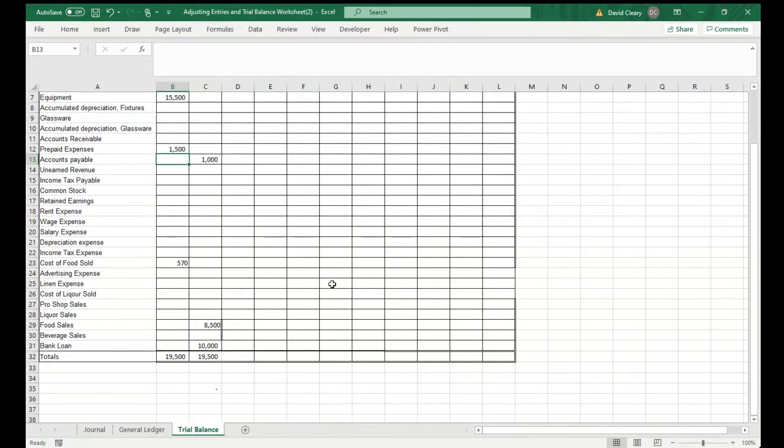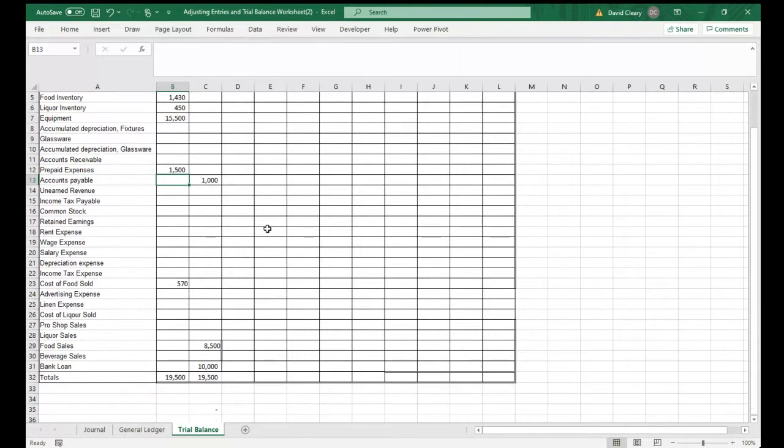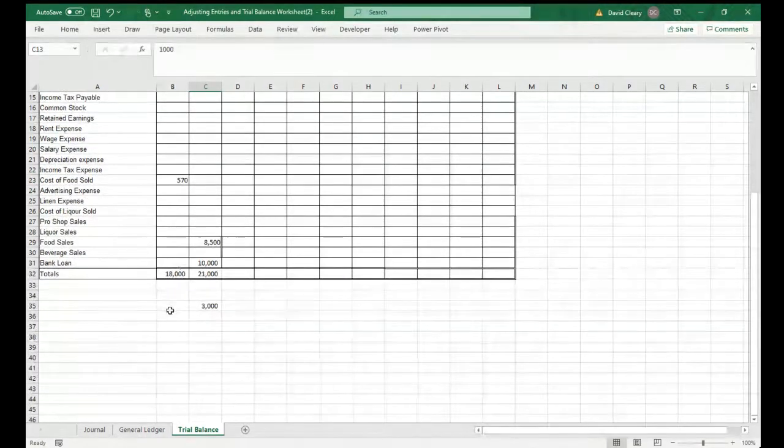There we go. That's interesting, and that's exactly how one mistake can kind of throw it off. But what I just saw is that, remember? Okay, so I'm going to put it back. $1,500. So the difference here was 3,000, right?